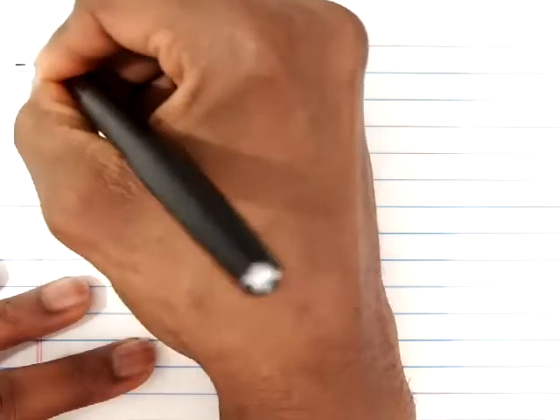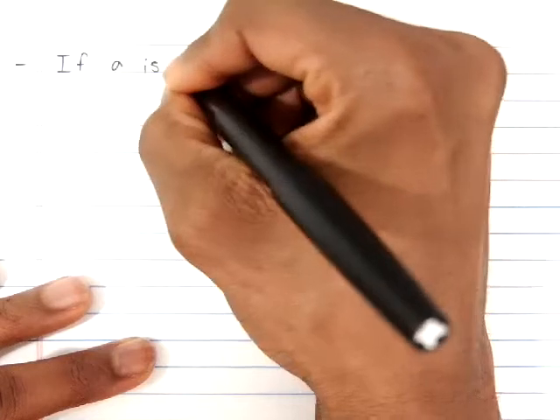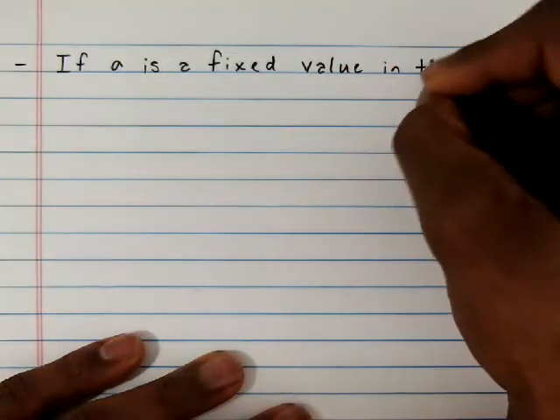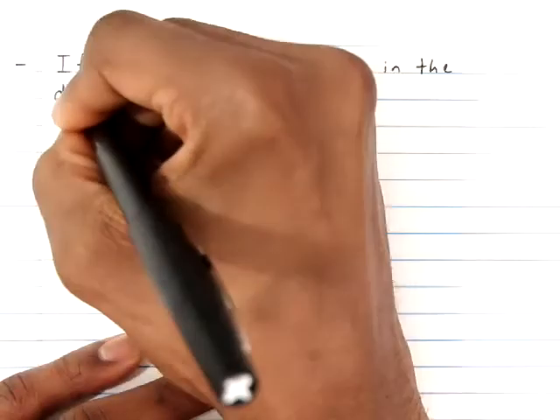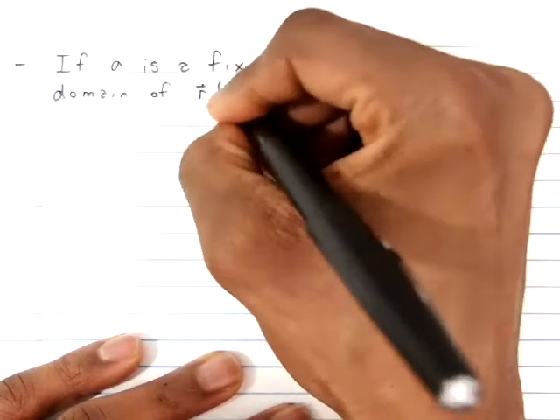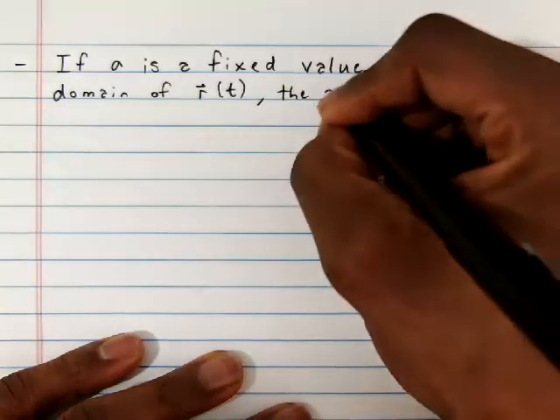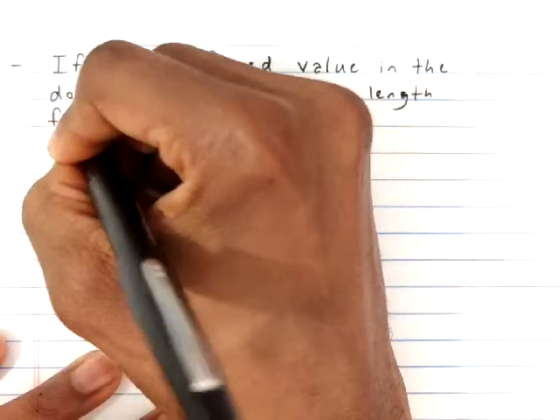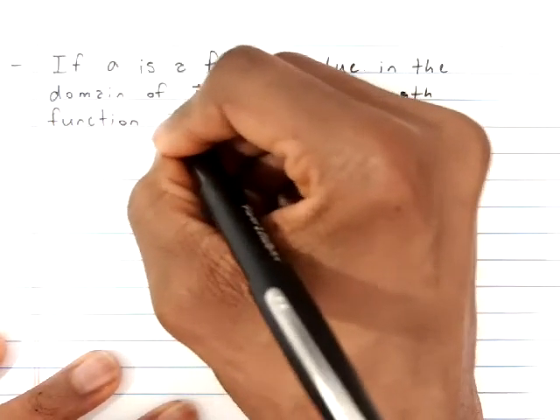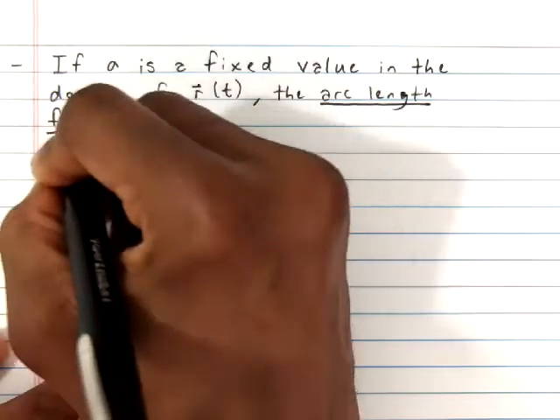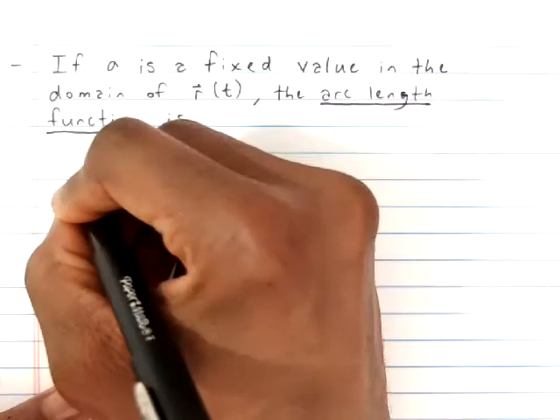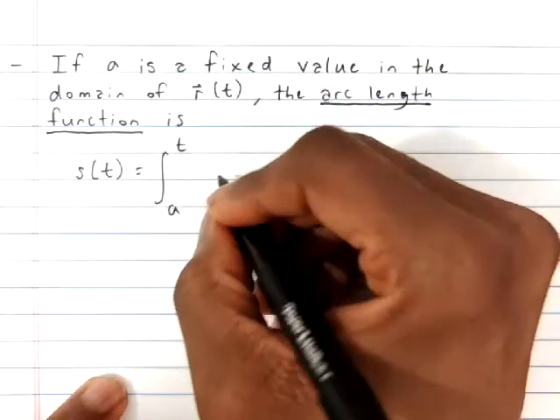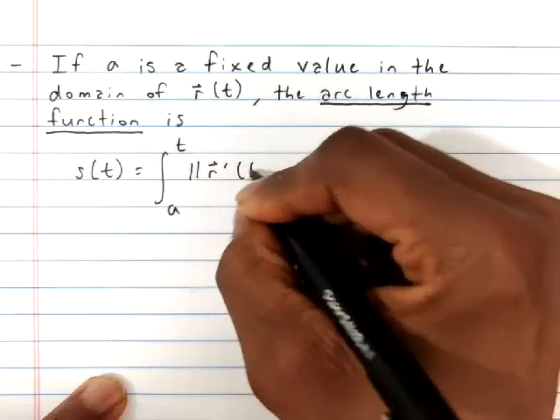So if a is a fixed value in the domain of the vector function r of t, the arc length function, and we denote this by S of t, equals the integral from a to t of the magnitude of r prime of t.